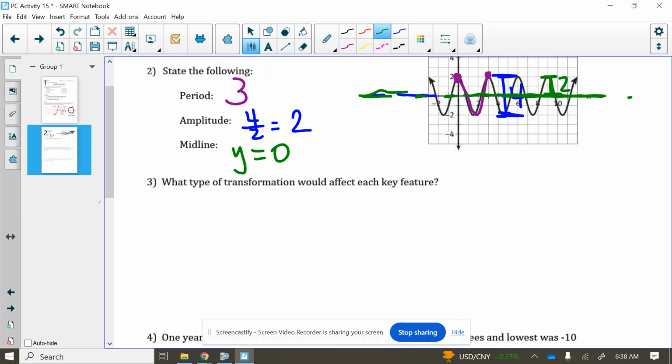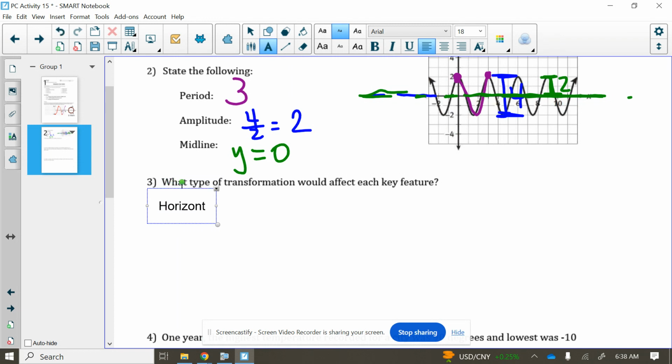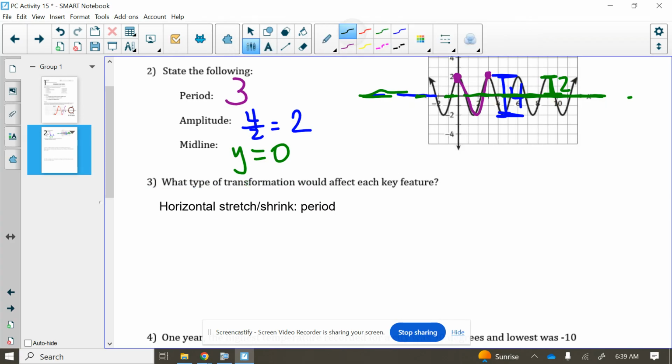Now, what types of transformations are going to affect each of these key features? Well, in the case of a period, a horizontal stretch or shrink will affect that period, right? It's going to cause our graph to either repeat slower or quicker. So a stretch would stretch it out versus a shrink that should make it repeat more and more often.